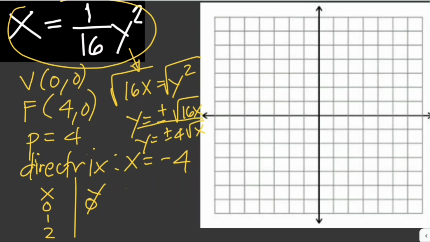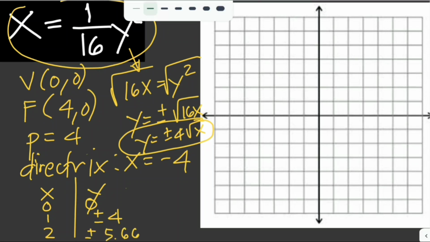So this is the equation where you can plug in the x values here. So when x is 0, y is 0. When x is 1, y is plus minus 4. When x is 2, y is plus minus 5.66.